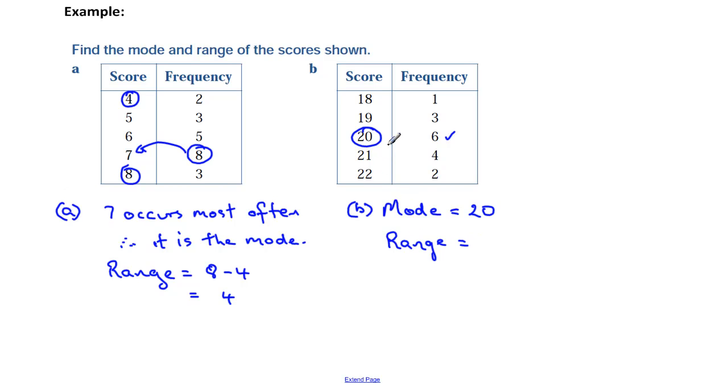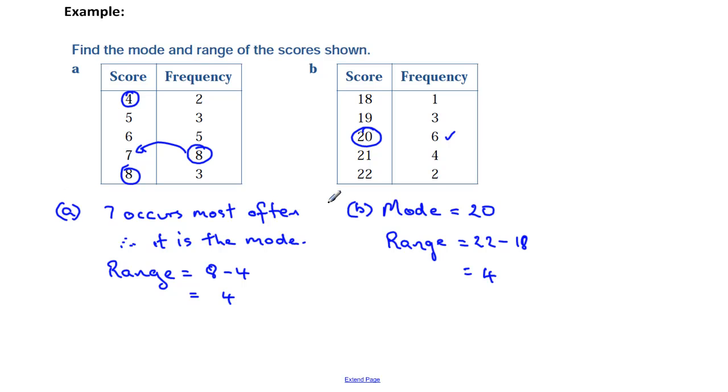Well, the highest score is, see they're in order, so the highest score is 22 and the lowest score is 18. So therefore our range is 4. So the range for both of these was 4, even though the modes were different.